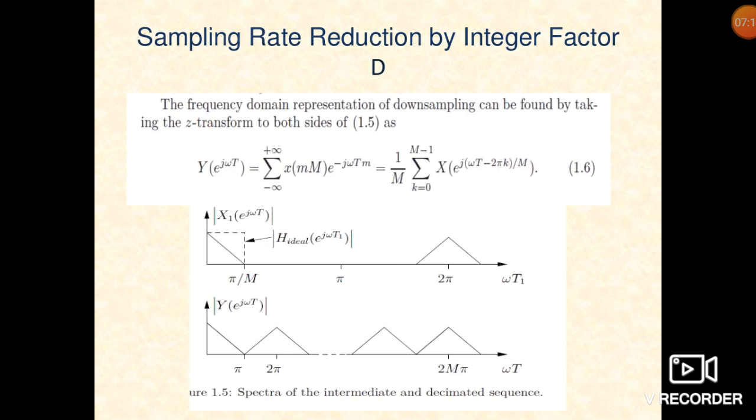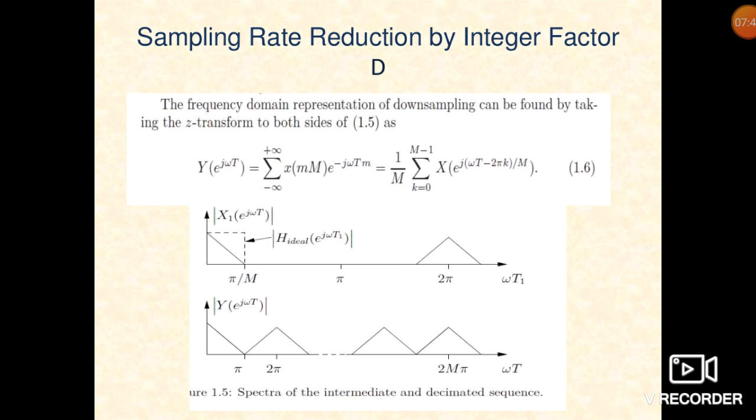M times the input is going to repeat here. So as you can observe, capital X of e^(j omega) shifted by 2 pi k by capital M. That is, Y of e^(j omega) represents the sum of capital M uniformly stretched and shifted versions of X of e^(j omega), scaled by a factor of 1 by M.